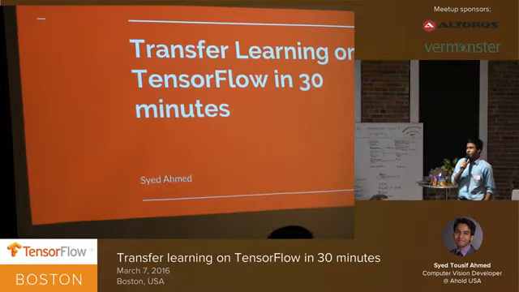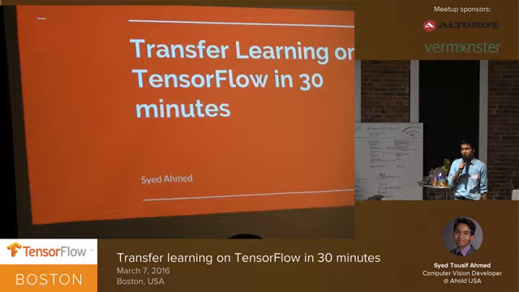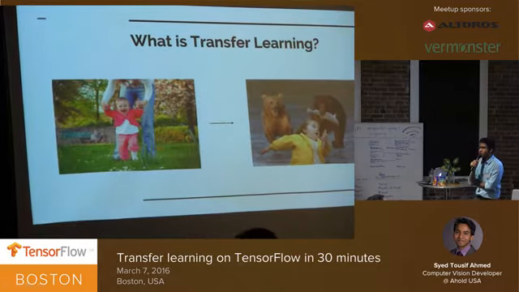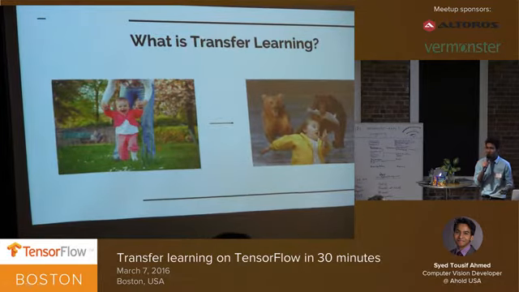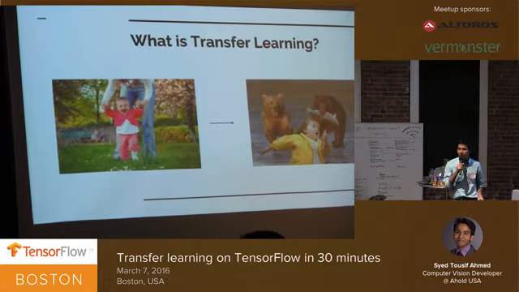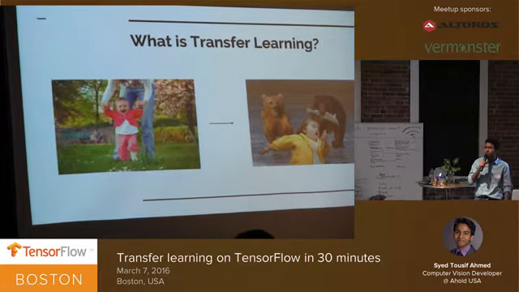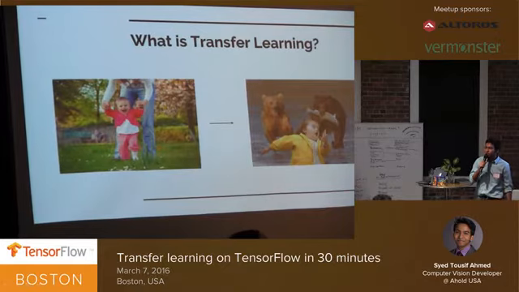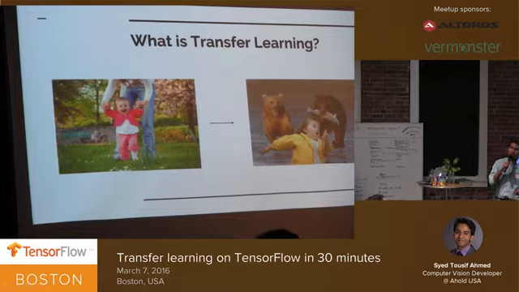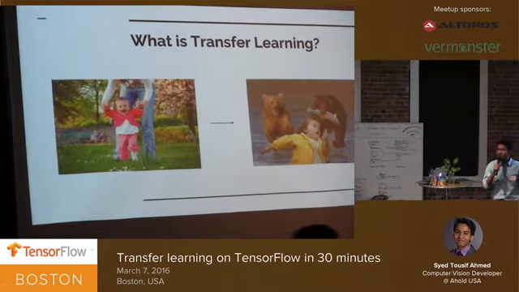So what do we mean by transfer learning? One traditional example is a baby learning to walk. First the parents teach the baby how to walk, and suddenly one day the baby starts walking. After the baby learns how to walk, the baby has the knowledge that it has to take little steps.